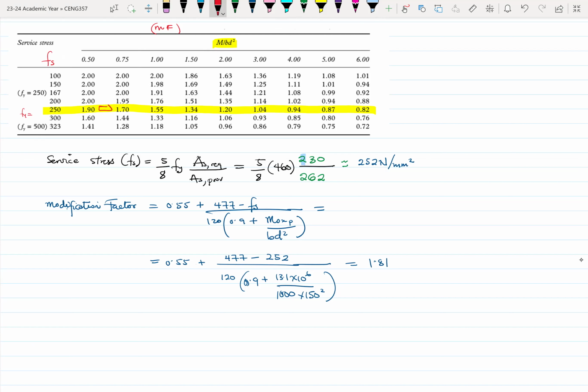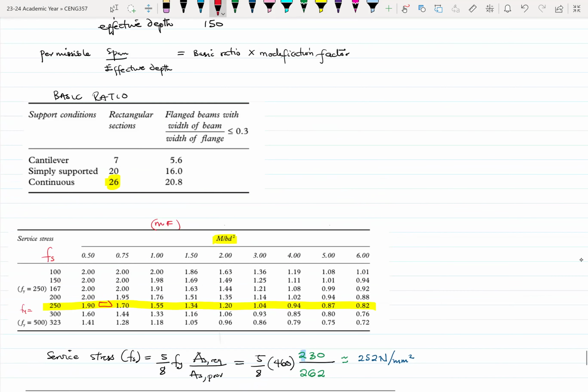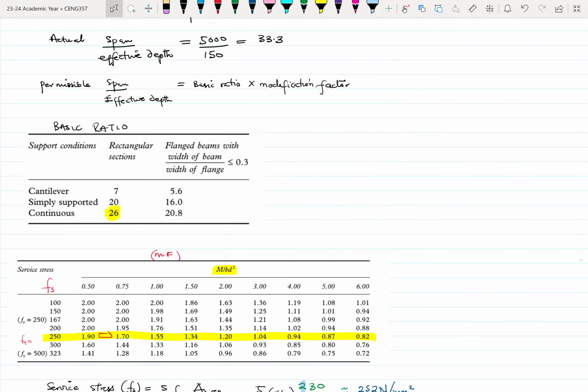All right. So we get 1.81 as our modification factor. So I could come in here and then this becomes 26 times 1.81. Okay. And this is equal to 47. So we have to compare these two values, the actual and then the permissible.